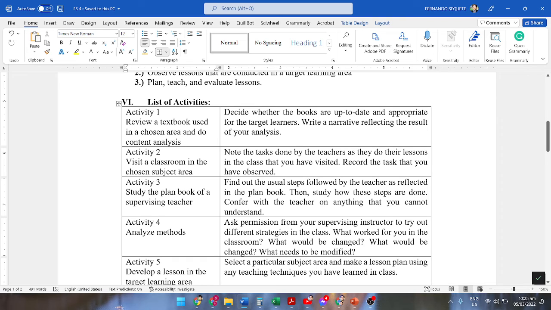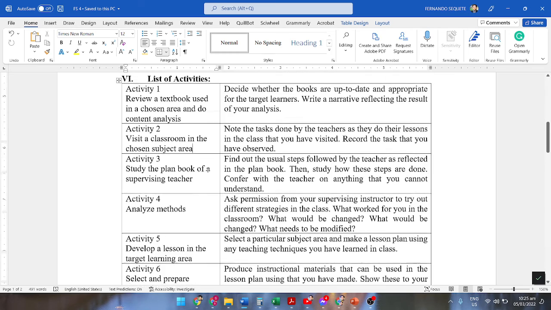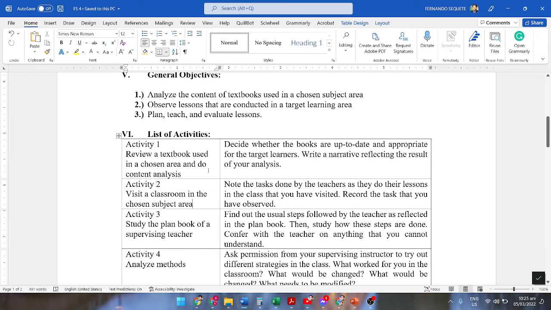Okay. Activity 2, you are to visit a classroom in a chosen subject area. So for this case, siguro papasok lang kayo sa ibang klase, sa mga online classes, na? Okay? For Gen Ed people, I would get permission muna to the elementary teaching department and then para makapasok kayo sa klase nila.